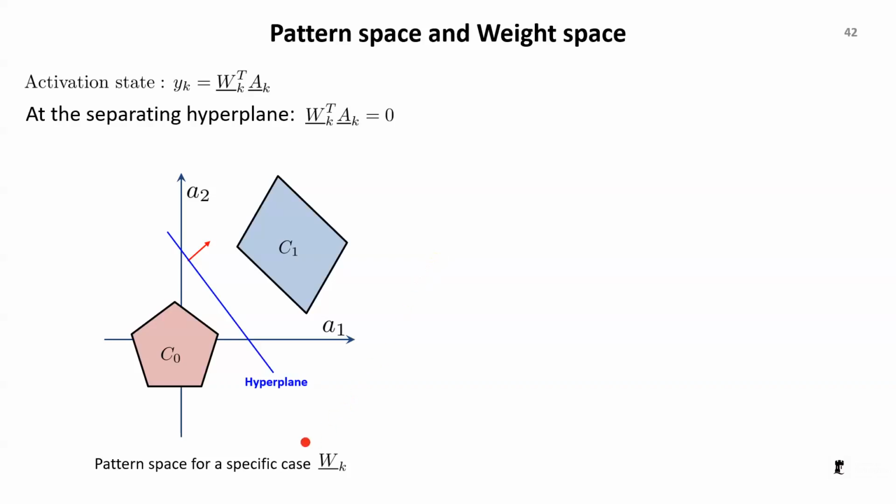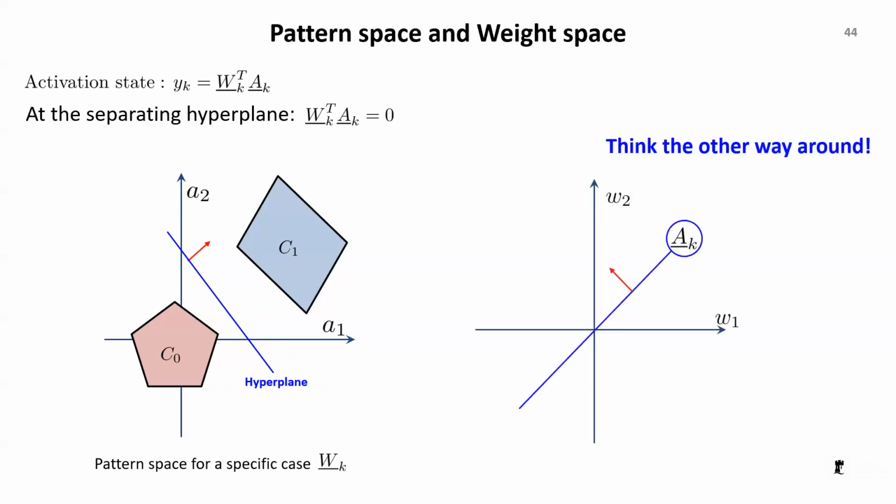And this is for a specific weight. Remember, because a specific weight will have this orientation, right? This is equal to the weight. So this hyperplane is for a specific case of weight. Now you can imagine the other way around. You can draw instead the weight in the weight space.